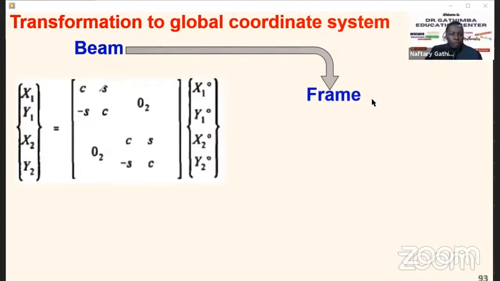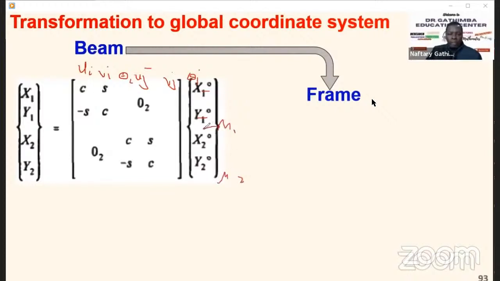So what we need to do, remember here we just considered UI, VI, UJ, VJ. This was associated with the X coordinate and the Y coordinate. But now we have brought about the issue of the rotation. We have brought about the theta, theta I, theta J, which will be associated with M1, M2.